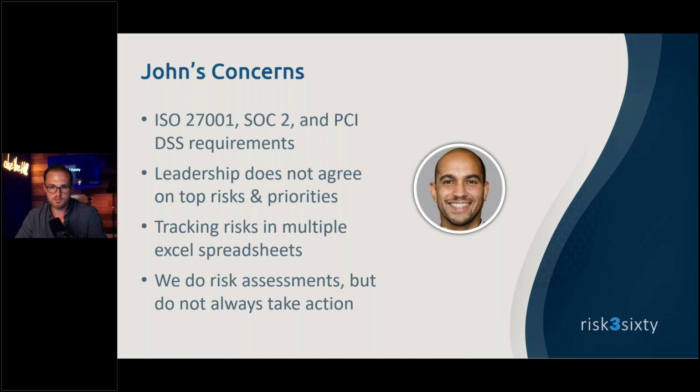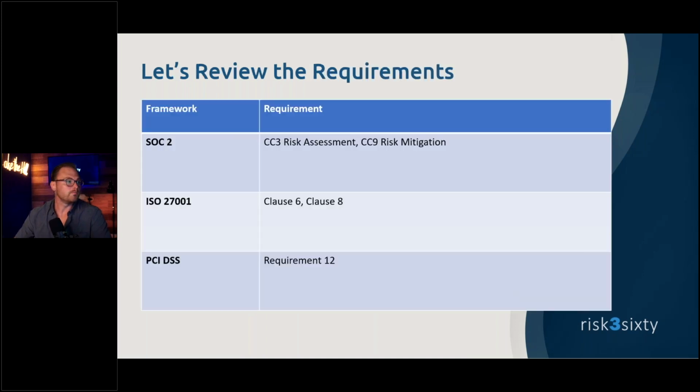And you do risk assessments, and there's a lot of frustration that sometimes stuff doesn't happen. There's no action driven by the risk assessments that you're doing. So I know a lot of you are probably nodding your head right now. You've been there, I have been there, and we want to put a system together that will help solve John's problems here. So we'll talk a little bit about that. That'll be our goals for the day.